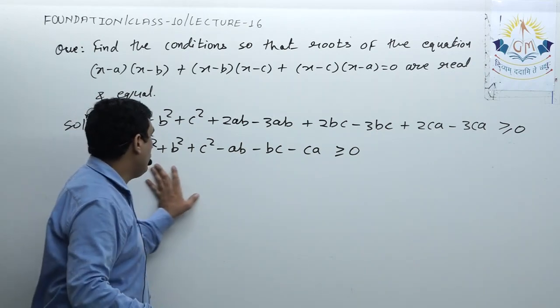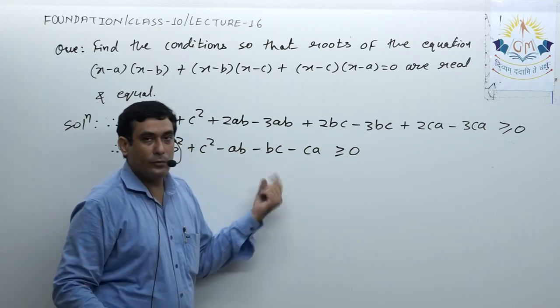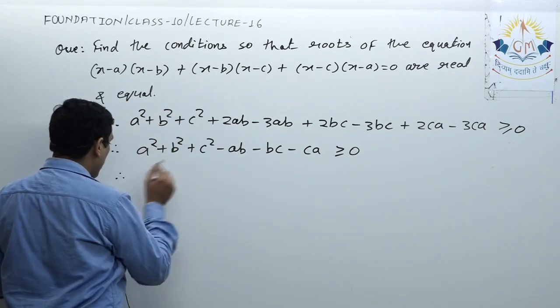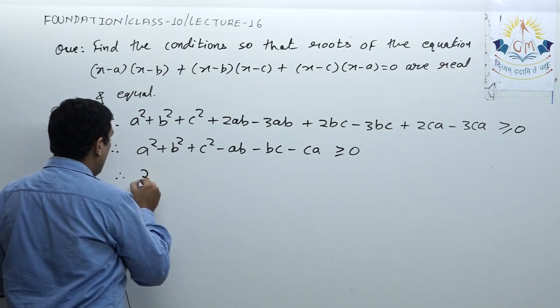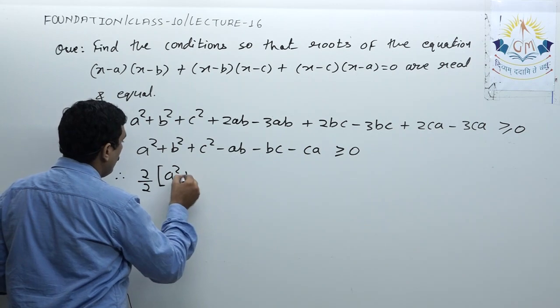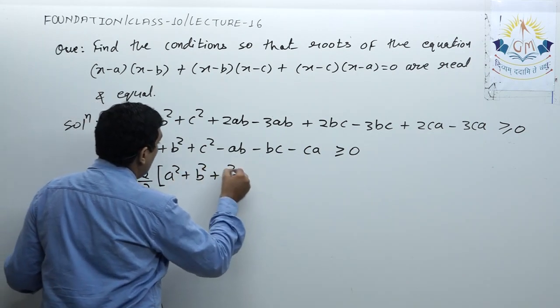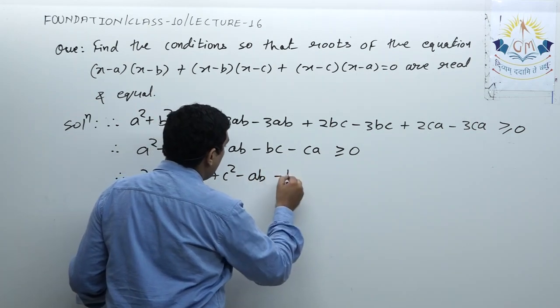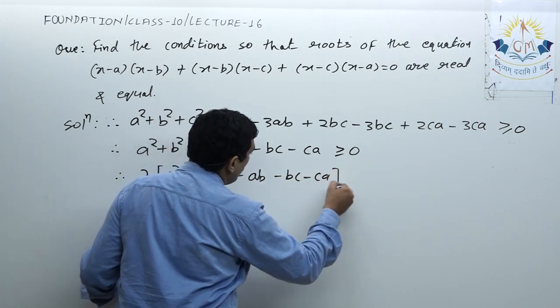Anyhow, I have to make the complete square out of this. For that, if I multiply the whole equation by 2 as well as divide it by 2, the equation remains the same. So I multiplied as well as divided the left hand side by the same quantity, that is 2.